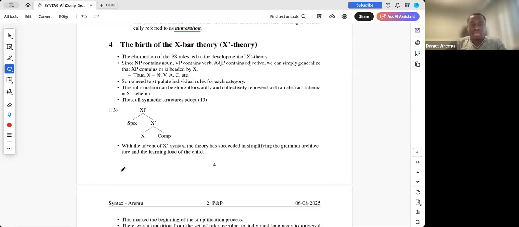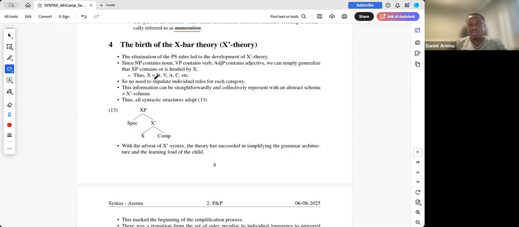Since the NP contains a noun, the VP contains a verb, and if you have an adjective, that also contains an adjective, we can simply generalize that XP is headed by X, where that X would be either the noun, the verb, the adjective, or even the complementizer.